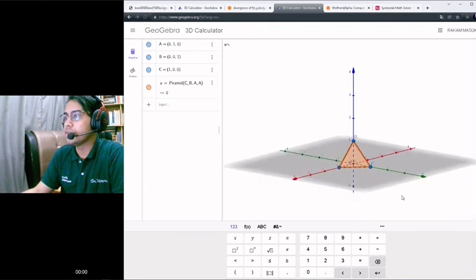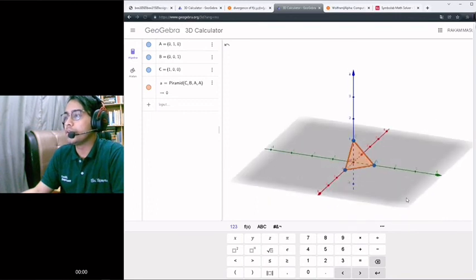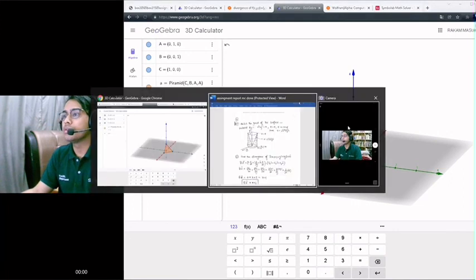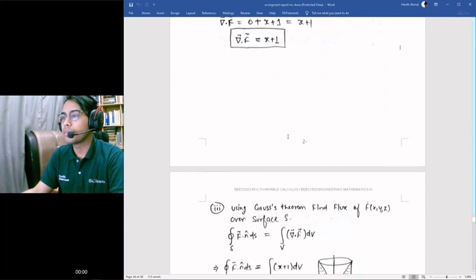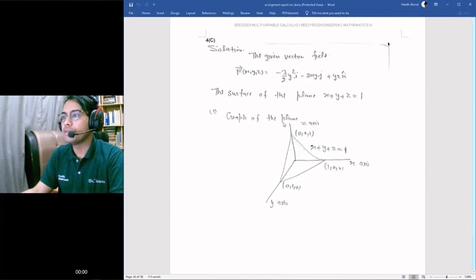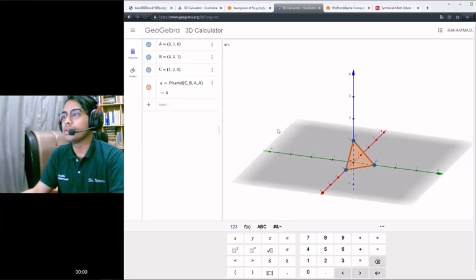As you can see, this is given as the output of the software. Let's check what we have drawn ourselves. It is similar. The graph of the plane has a similar output, so it is correct.